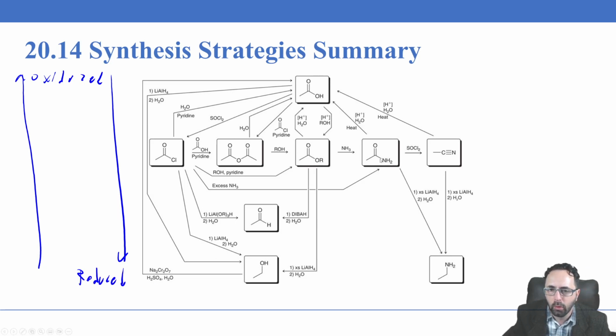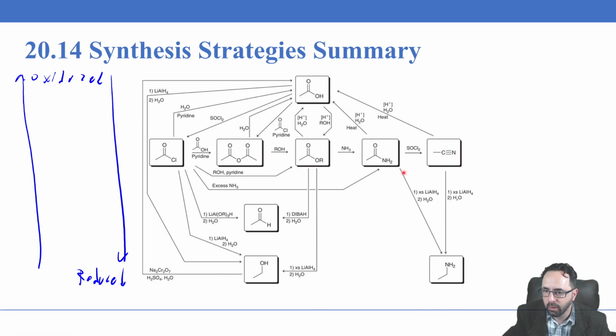The most oxidized form being the carboxylic acid, which we can reduce to these carboxylic acid derivatives, which are actually the same oxidation state on the carbon, but we can reduce these further to aldehydes, and finally to alcohols, or to amines by adding more hydrogen atoms on.